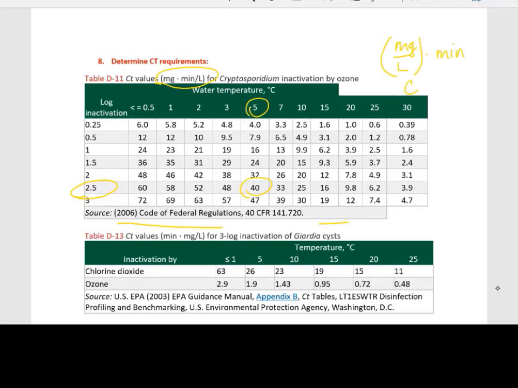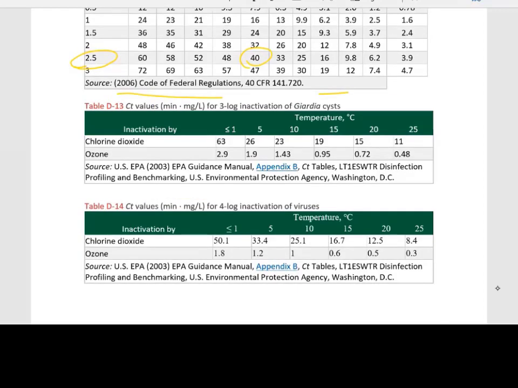So this is C times T. For Giardia, we needed 1.5 log removal. The textbook doesn't have a table for 1.5 log removal, but we'll look at the 3, and we have 5. Looking at ozone, we have 1.9.